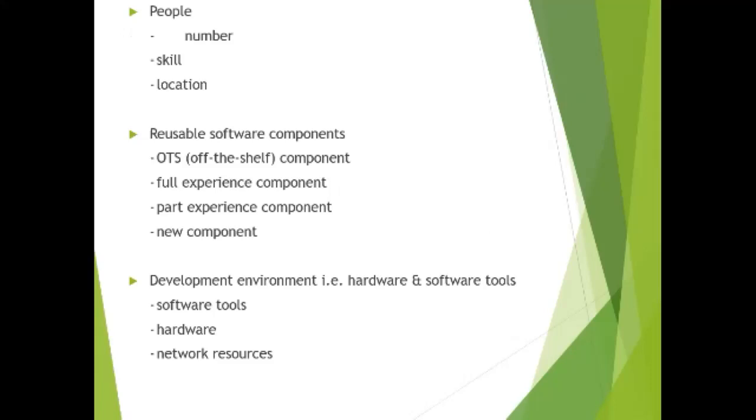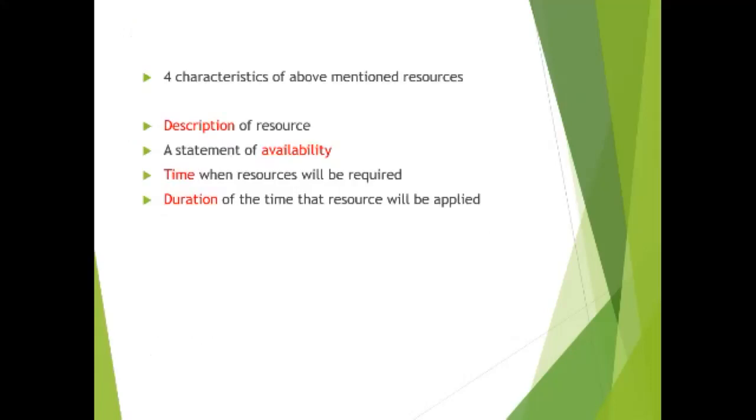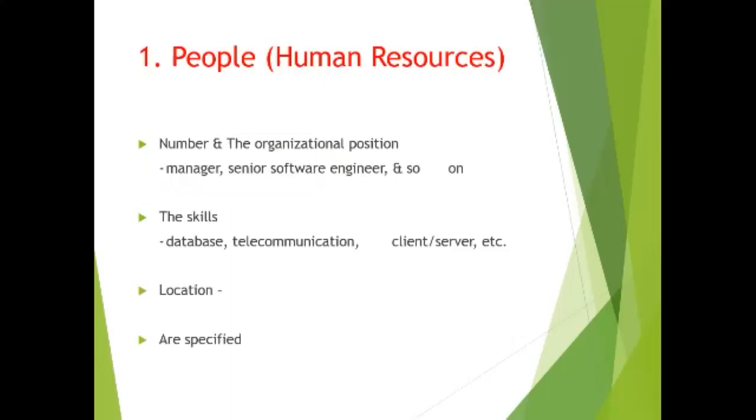Next, development environment: hardware and software tools, hardware, network resources. Four characteristics of the mentioned resources: a description of the resource, a statement of availability, the time when the resource will be required, and the duration of time that the resource will be applied.